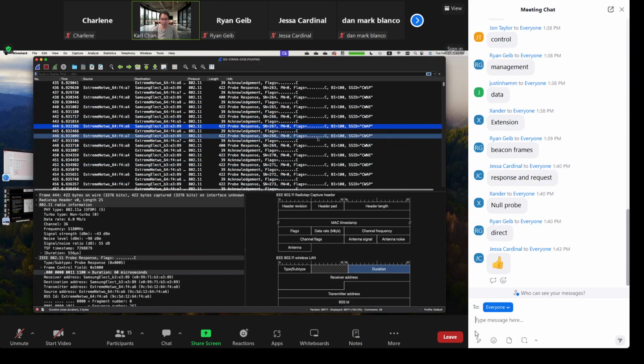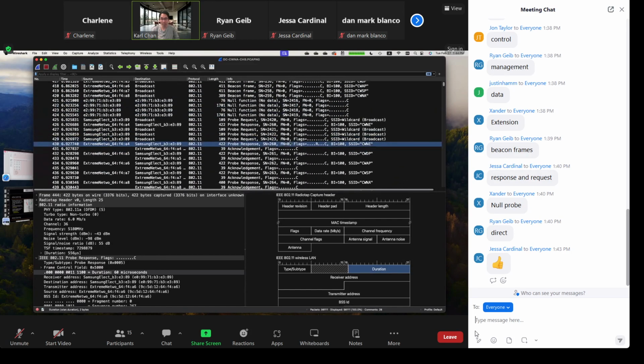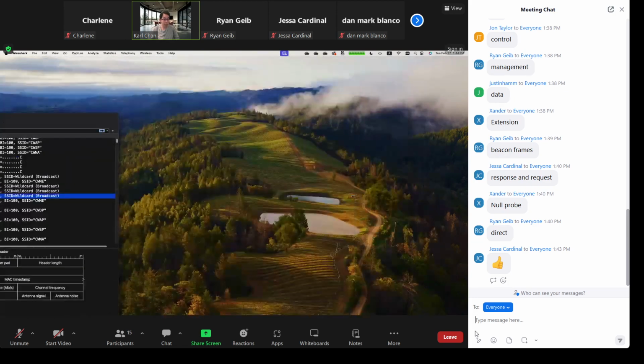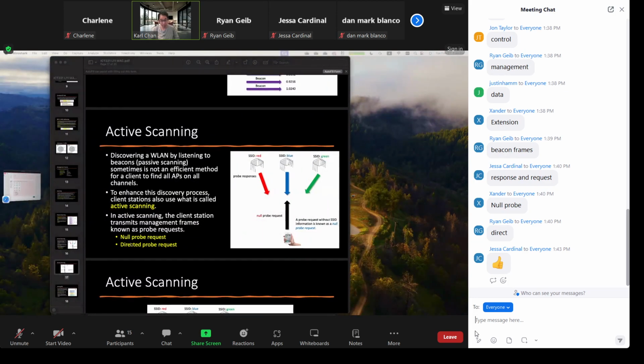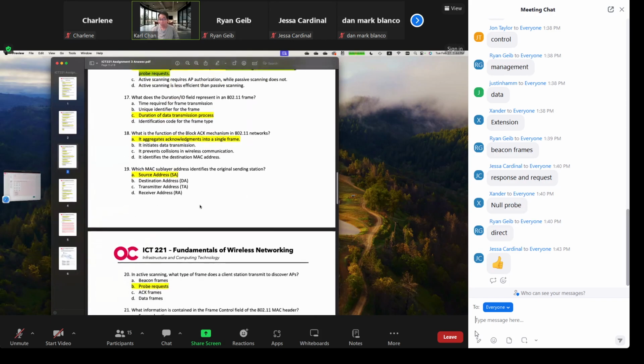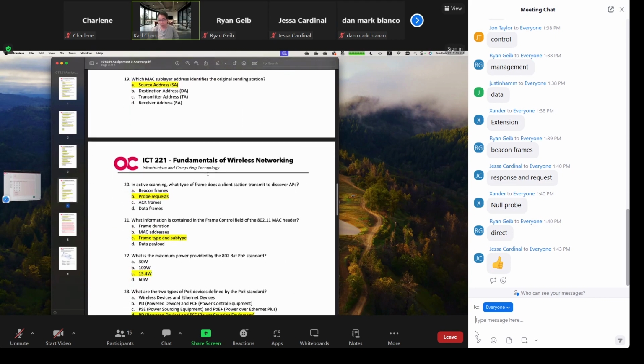You have 20 probe responses from different APs, from different BSSs. So you will get many probe responses if you send out a null probe request. Okay, so don't get confused. This is a very important concept to identify. Is that clear?